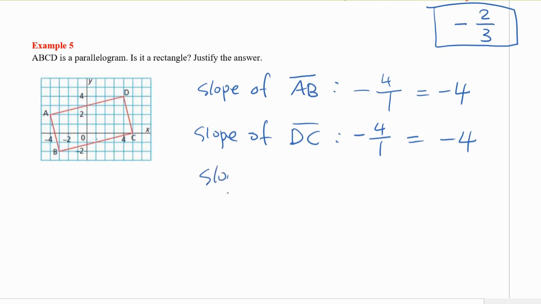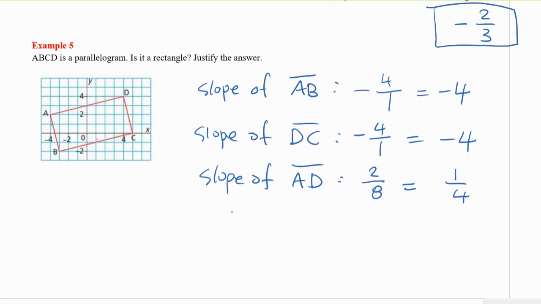Let's find the slope of AD. Rise is 2, run is 2, 4, 6, 8. So run is 8. So rise over run is 2 over 8, which is 1 over 4. And remember everyone, it's going up, it's positive, so you don't put a negative sign.